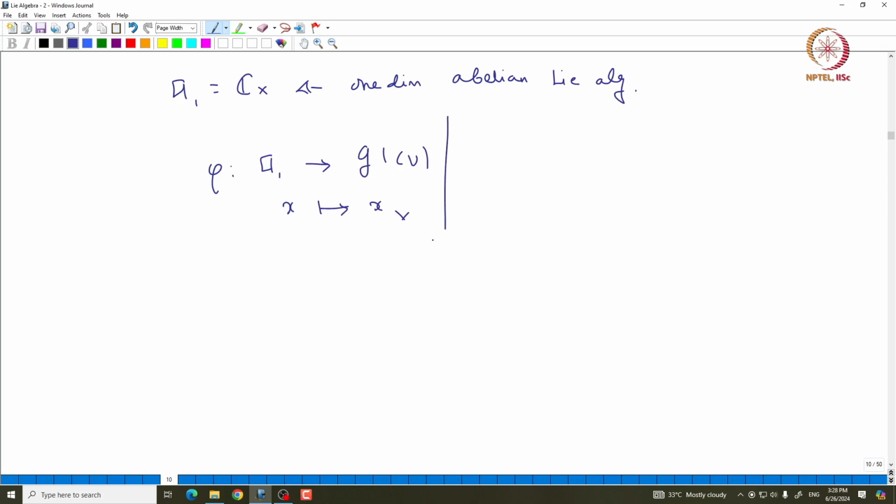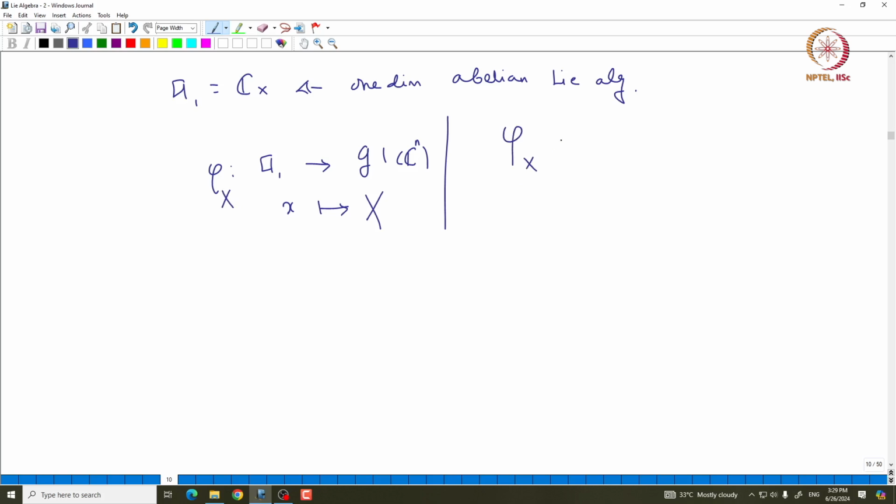We have already understood how isomorphic representations behave. If you want to get an isomorphic representation, then the corresponding operators should be conjugate. Let us identify this V with Cn, since it is easy to work with a particular n dimensional vector space. Let us say I have just mapped x to capital X, and this map defines phi x.